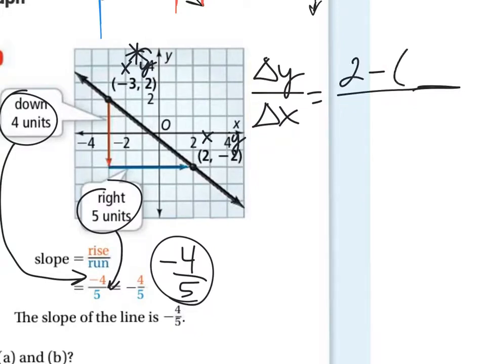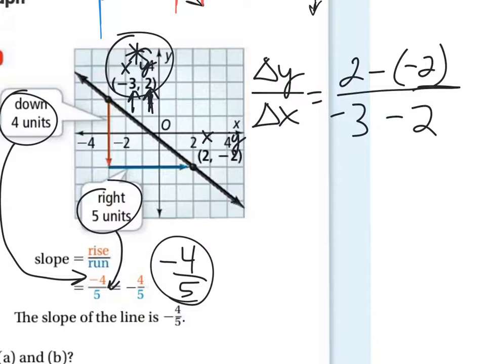I'm just going to do it this way, 2 minus negative 2. Now, if we do it that way, I started with this 2 y value. I have to start with the negative 3 x value. So that would be negative 3 minus 2. And then you can add the opposite here, and if you want, you can add the opposite here. And then that would be 4 over negative 5.